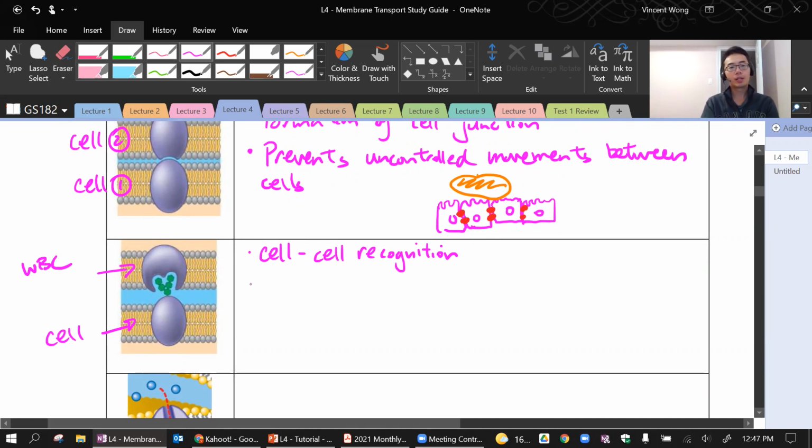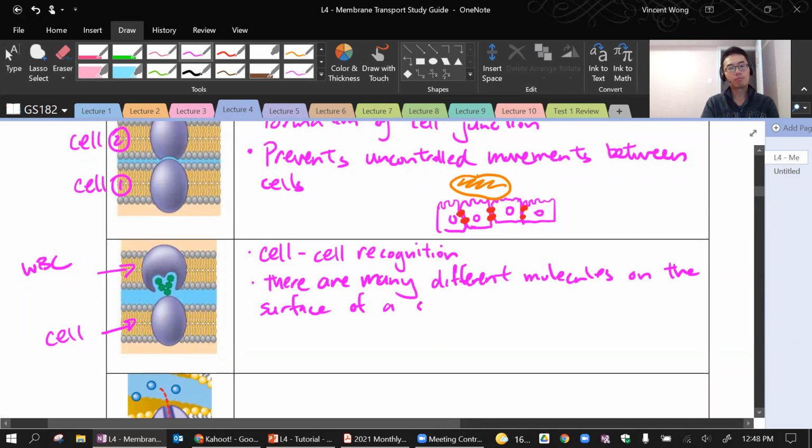First of all, you should understand that there are many different molecules on the surface of a cell, any cell. Your cell, my cell, bacterial cell, fungal cell, all the cells. All these molecules found on the surface of the cell, collectively, we call them antigens.